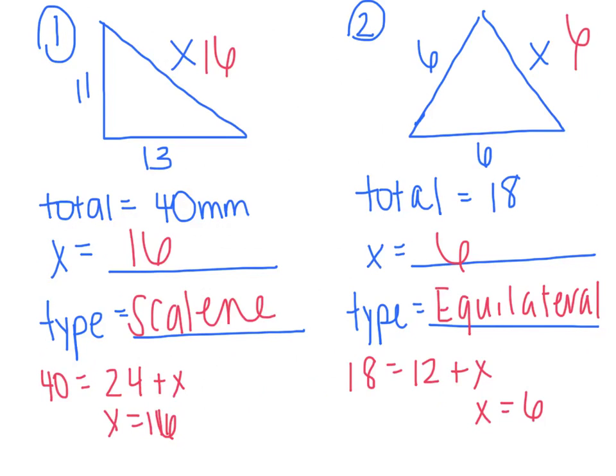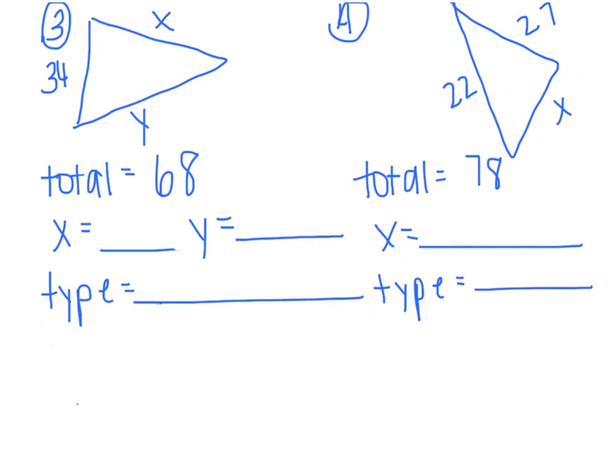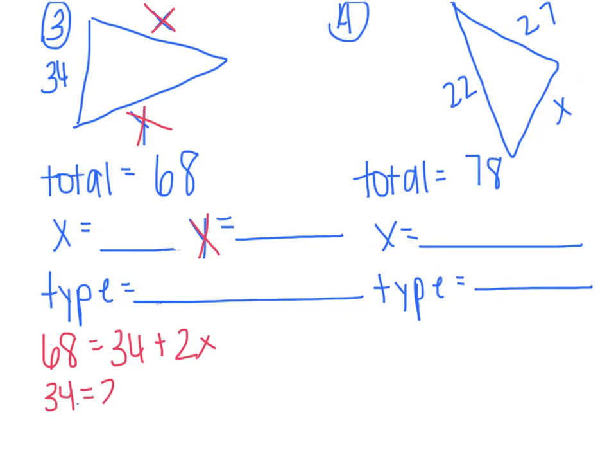So we're going to try 2 more now. So go ahead and try these 2 on your own as well, and then come back and we'll solve them together. So we have x and x right here. So if we know that it's 68 total, and we have 2 sides that are the same, we can set up our equation this way. 68 minus 34 is going to give us 34. So 34 equals 2x.